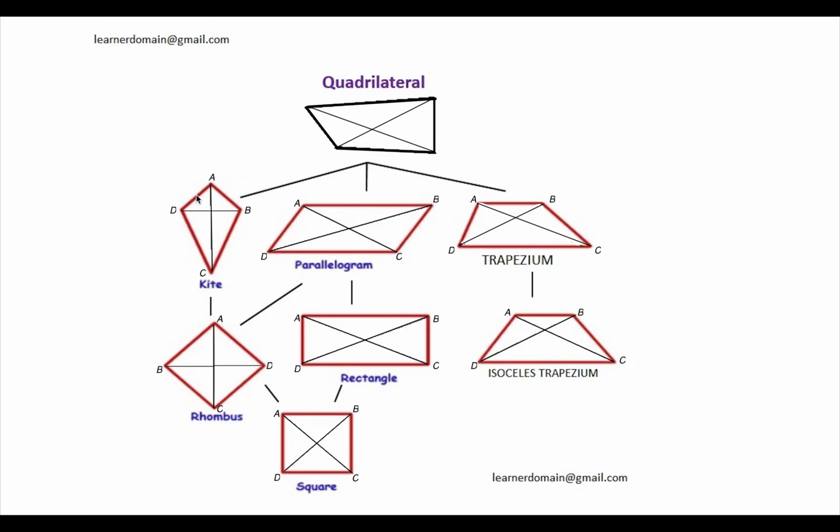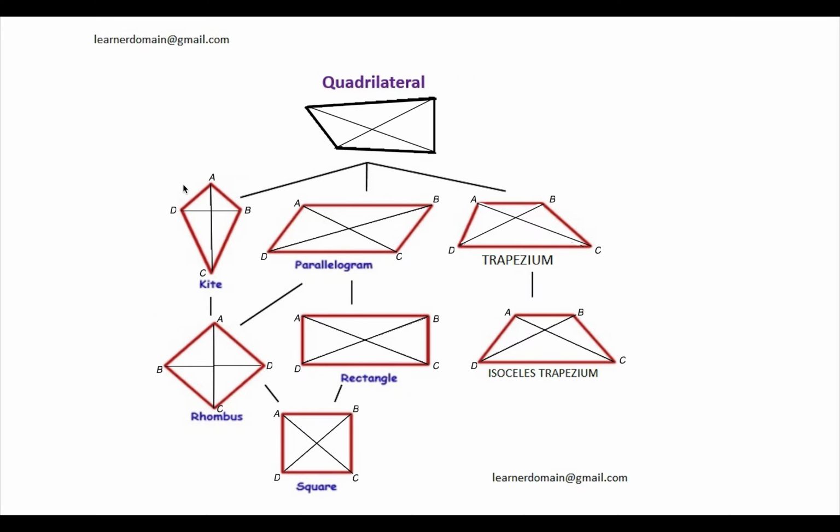The sides which are adjacent, consecutive or adjacent. So side AD is equal to side AB, and side CD is equal to side CB, as you can see here in the diagram. So this is how you define it.